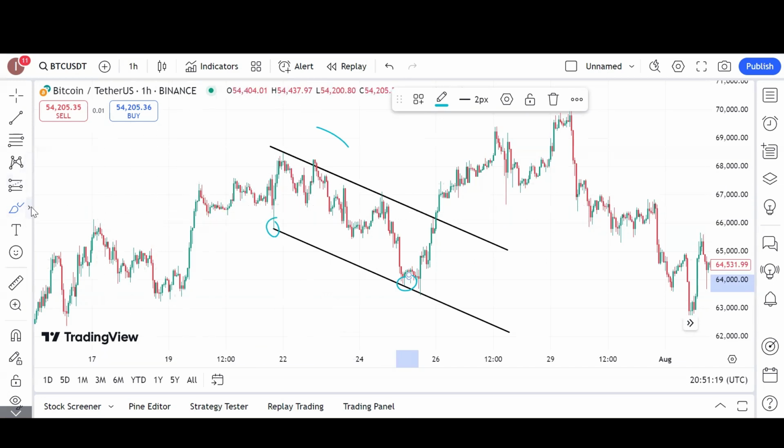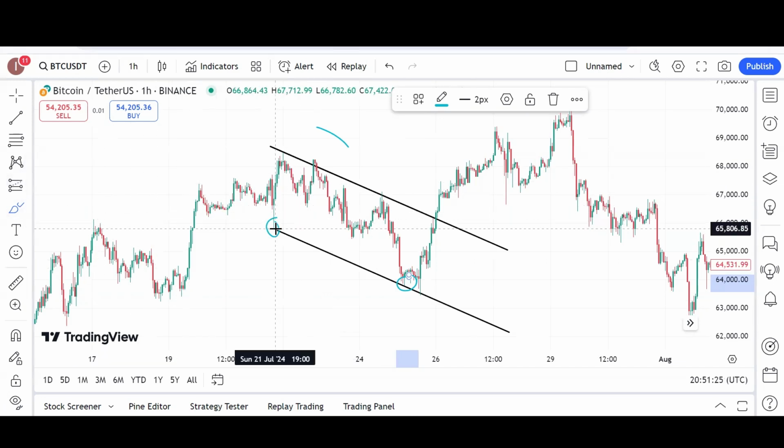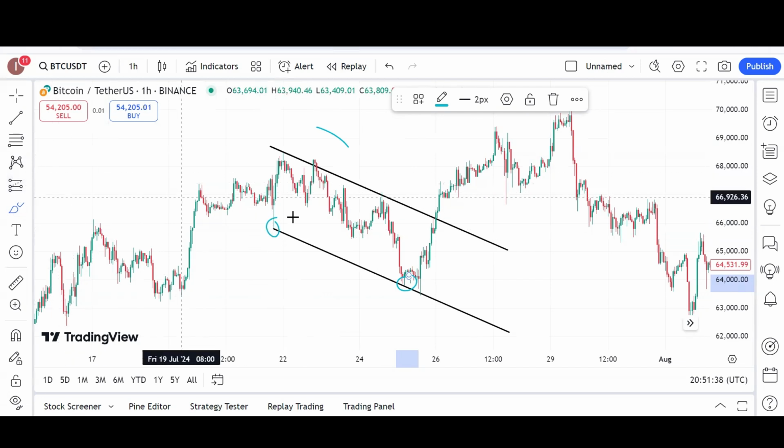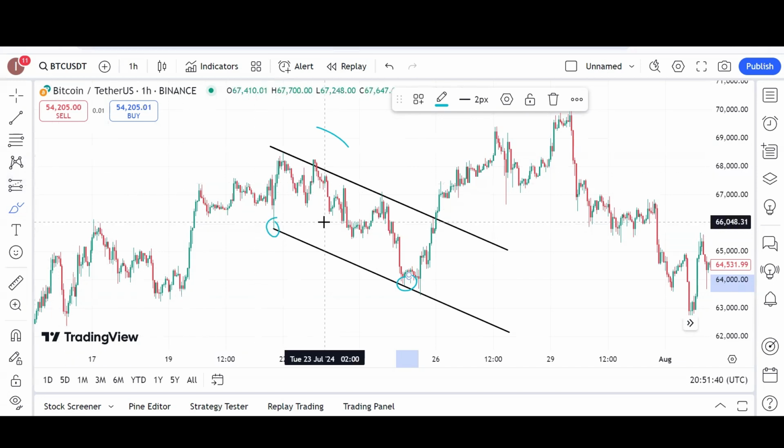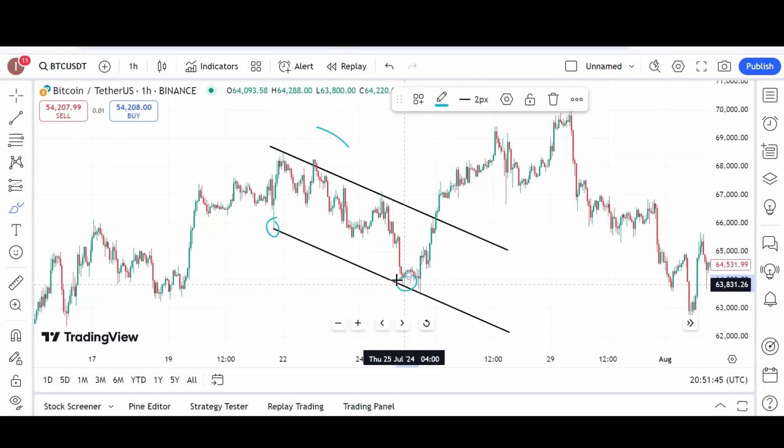As you can see, BTC on 21 July 2024 at 65,806 point. Okay, the market touched the 65 point. Now the trend is downward due to this second point.